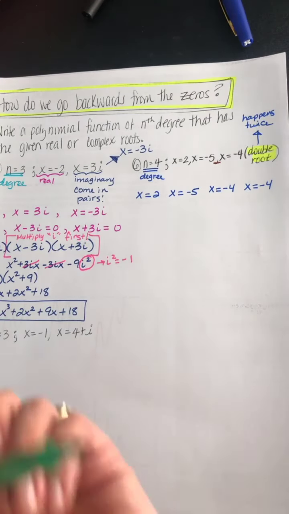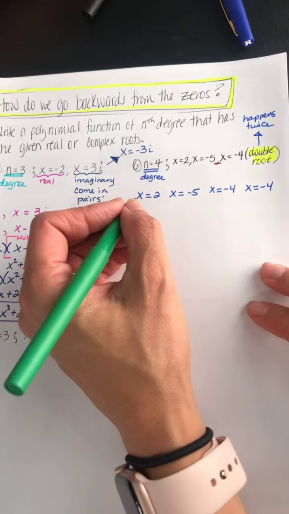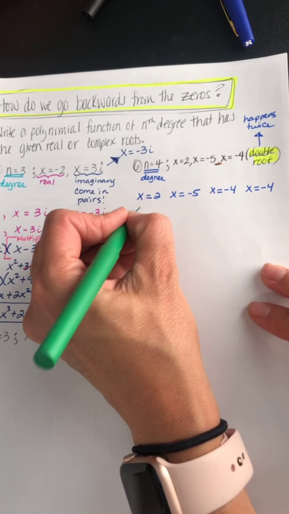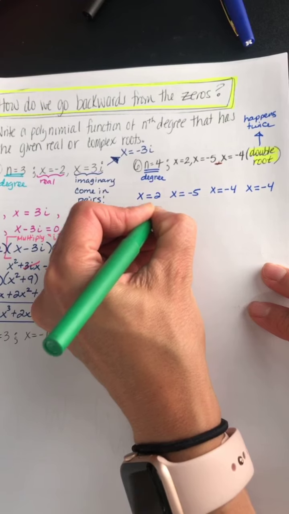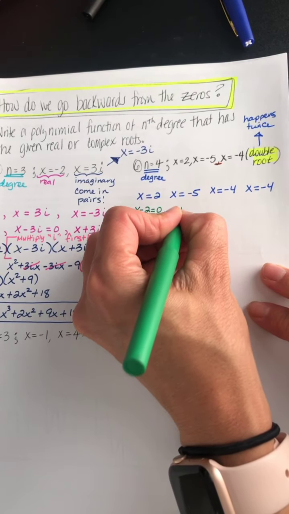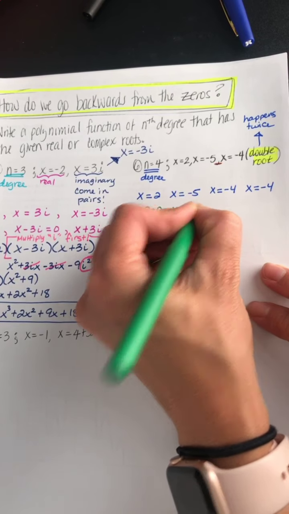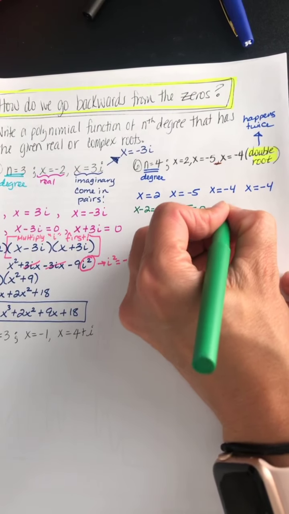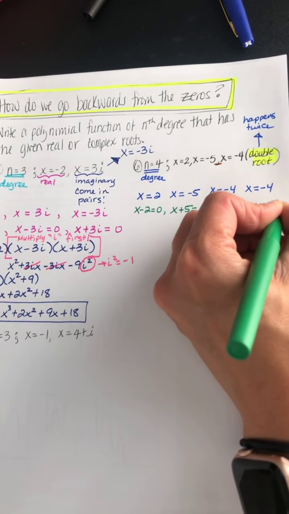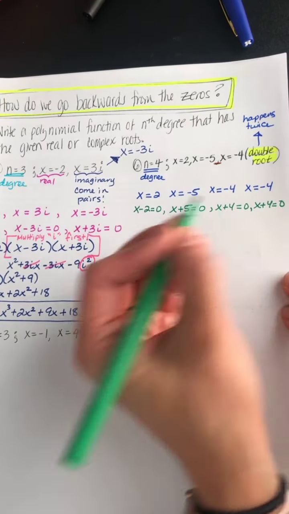Okay, so let's unsolve these. So to unsolve x equals 2, it would be x minus 2 equals 0. To unsolve x equals negative 5, it'll be x plus 5 equals 0. Then x plus 4 equals 0, and again x plus 4 equals 0 because that was a double root.